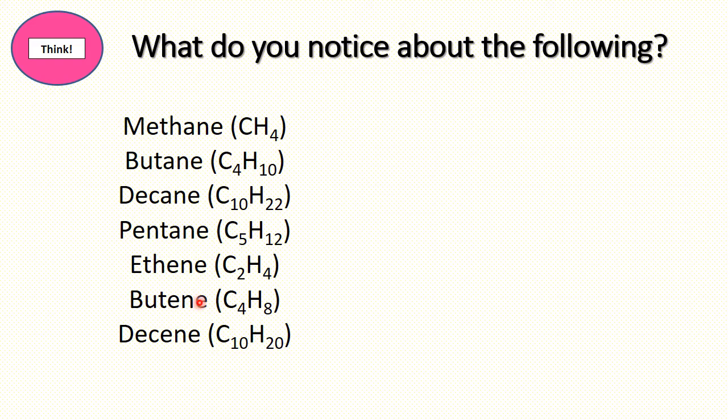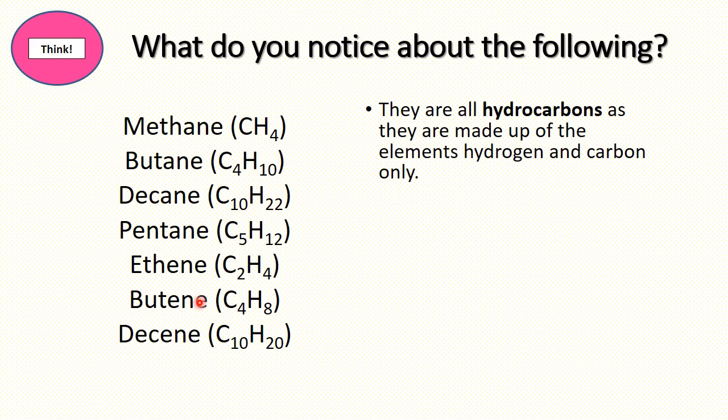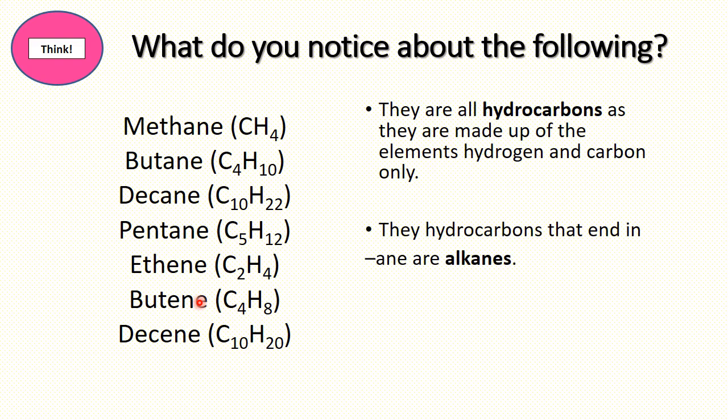You can pause the video, have a look at them, see what you notice. So the first thing that I would hope that you noticed is that they all contain the elements carbon and hydrogen, and because they only contain carbon and hydrogen, we consider these compounds hydrocarbons.